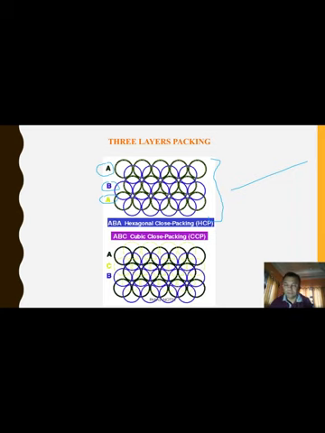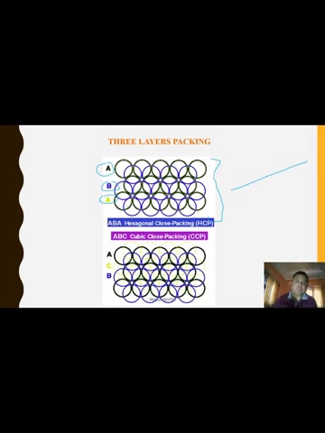That means it is different from the second layer as well as from the first layer. That is why all these three layers are different from each other. No layer is coinciding with the next one. Because of that, this kind of packing is called ABC or ACB packing, and this is also sometimes called cubic close packing or CCP.